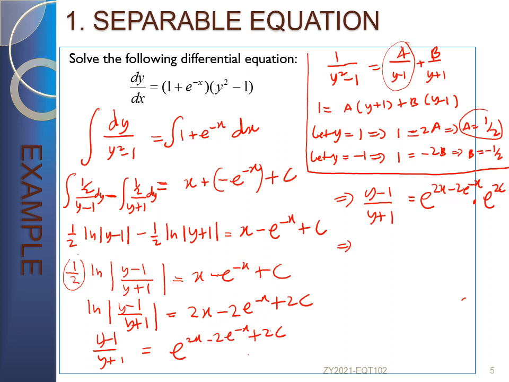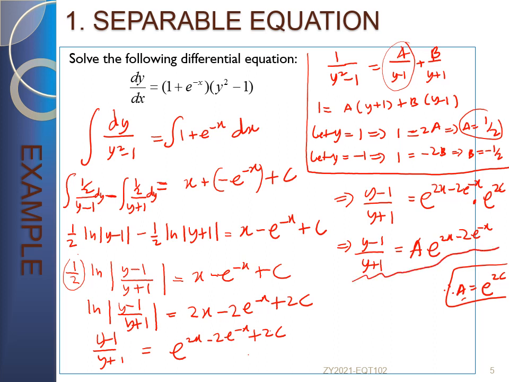So (y − 1)/(y + 1) = A e^(2x) e^(−x), where A = e^(2c). So this is the final answer. We can just stop here.